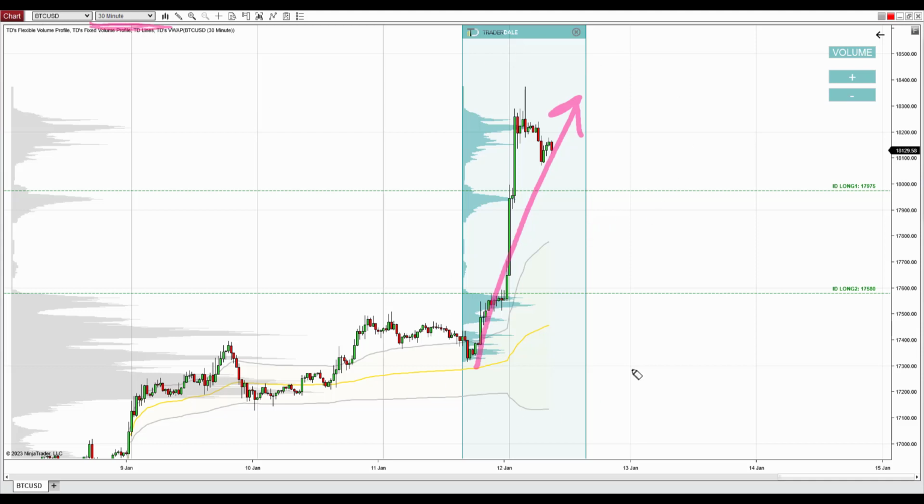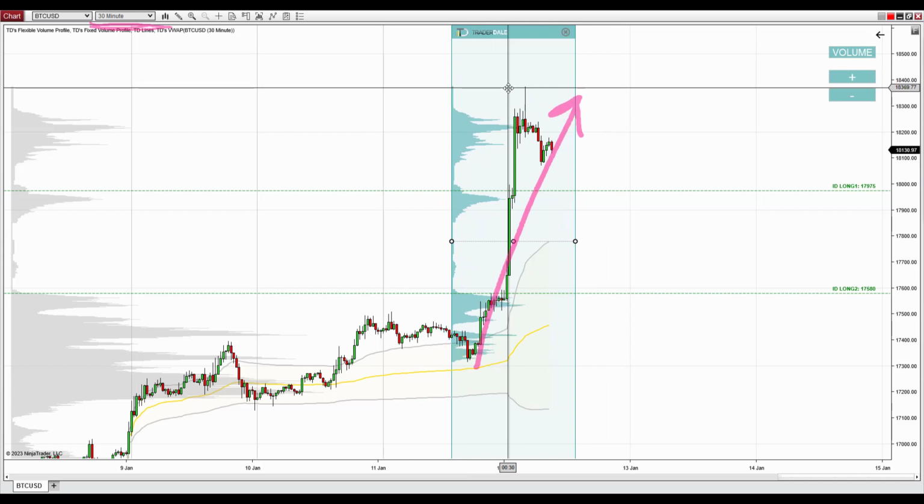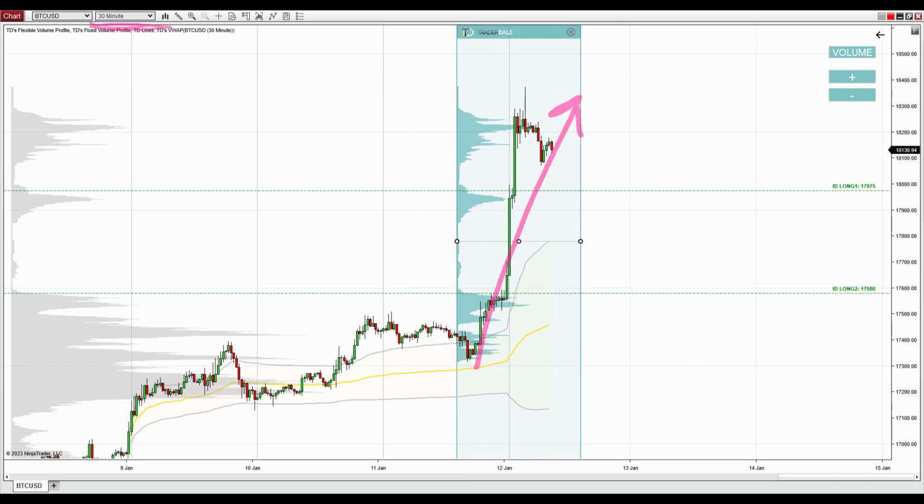Also what I have on my screen is the volume profile indicator, the flexible volume profile indicator, which you can move around and look into specific areas. In this case, I'm looking into the uptrend area. The reason is that when there's an uptrend, what is very significant are significant volume zones, like this one and this one.